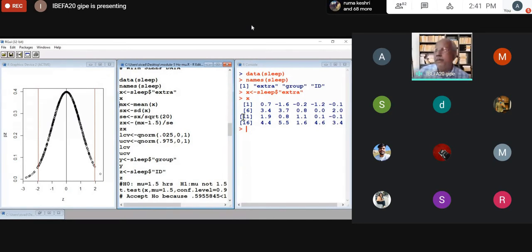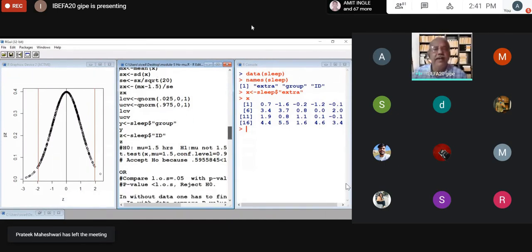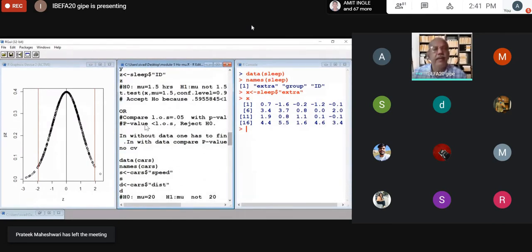In the critical value method, you want everything to be computed: mean, standard deviation, n, etc. But in the p-value method, we don't want to do that. It has only one syntax, t-test.